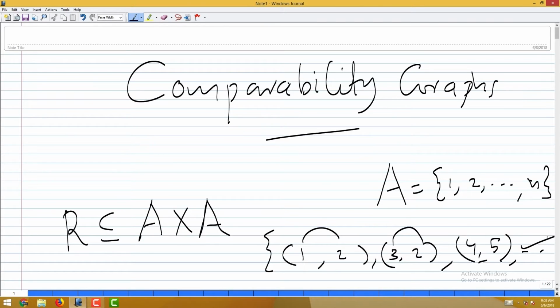So, you can easily see that a relation corresponds to some graph. What kind of graph does it naturally map to? In its full generality, it is a directed graph, because an ordered pair becomes a directed edge.